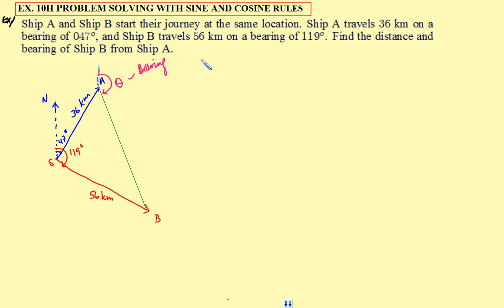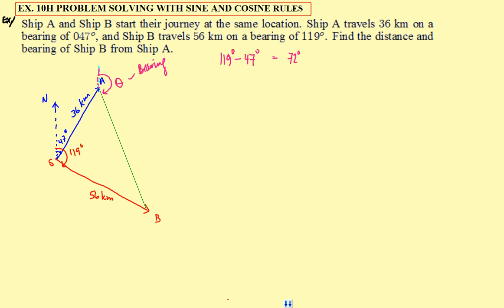The way to calculate that would be to take the 119-degree angle and subtract the smaller 47-degree angle. If it were a right-angle triangle, it would equal 90, but it does not. So 119 minus 47 gives us an angle of 72 degrees.